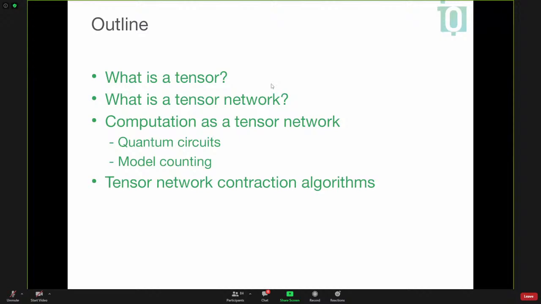And secondly, I will show you a slightly more esoteric topic, maybe for some of you, which is model counting, also called satisfiability counting, and how that can also be represented as a tensor network. That is important because that is a rather universal set of problems that we can also represent as tensor networks.